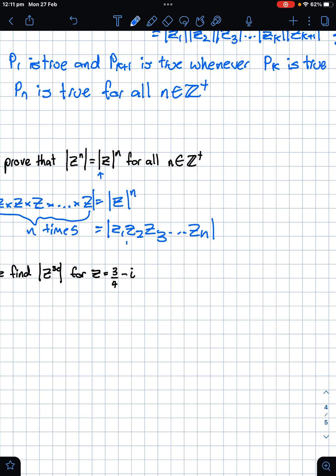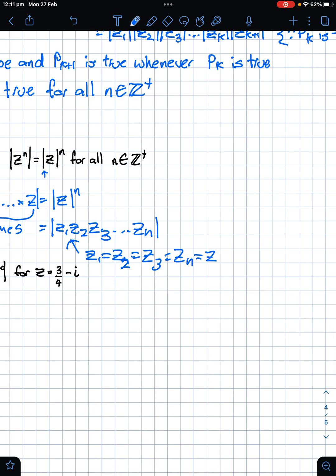You're looking here at Z1 equal to Z2, which is equal to Z3, which is equal to Zn, which just equals Z. And so in this space, that means that the modulus of Z to the n has to equal the modulus of Z to the n, like that.